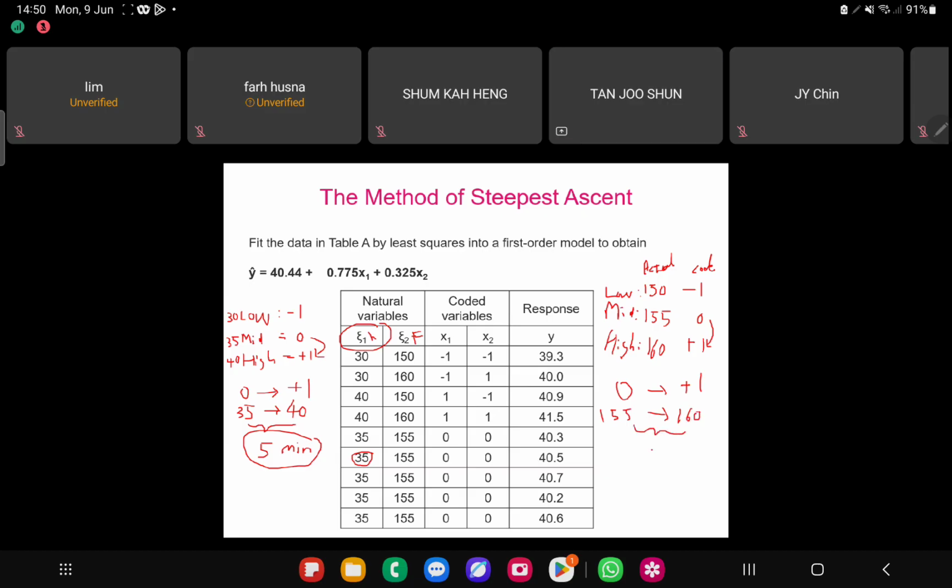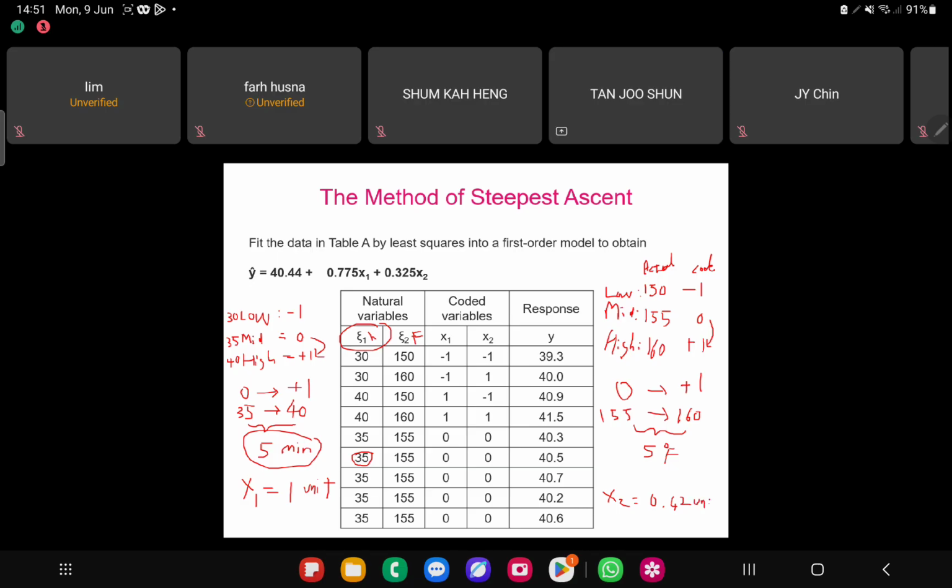So it is 5 degrees Fahrenheit. But just now when we say x1 moves 1 unit in the coded, it means it moves 5 minutes. X2 will move 0.42 units.